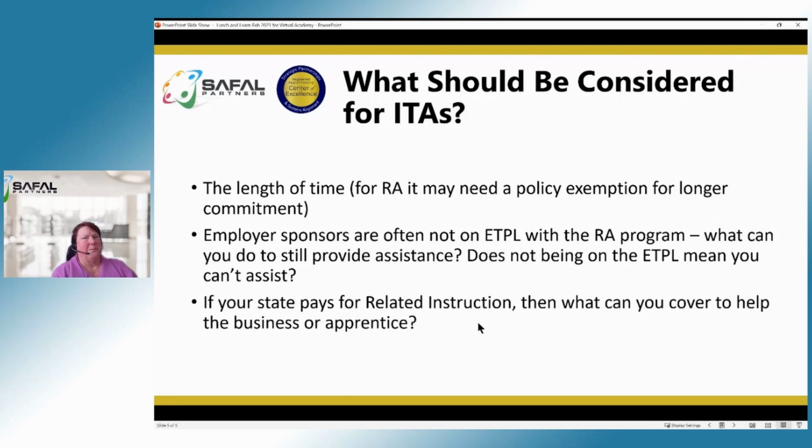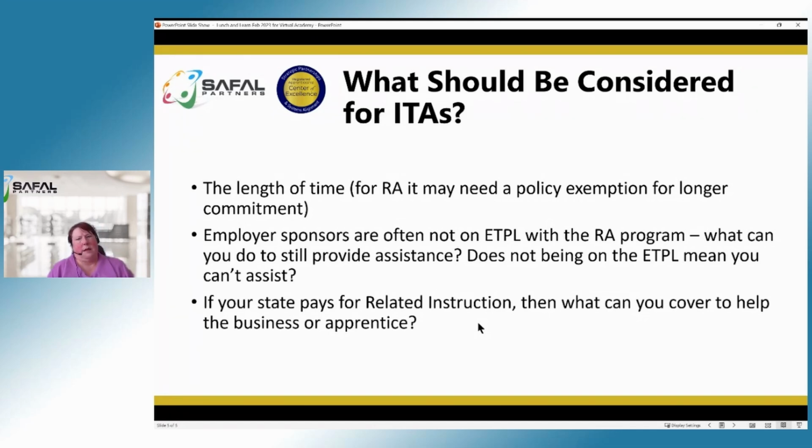How about this part? Employer sponsors. When they start up their registered apprenticeship programs, they don't always put them on the eligible training provider list, right? Does that impact you? Can you not pay for the ITA, the training, the related instruction?